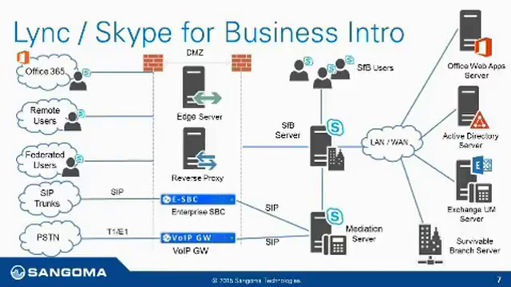So, for instance, you can federate Skype for Business with other businesses. That's what you see on the left here with all these clouds. You can, for instance, federate or communicate with Office 365 users, cloud users. You can use this infrastructure so that if I'm working from home or if I'm traveling, I can access my Lync corporate infrastructure directly from my computer, as long as I have internet connectivity.